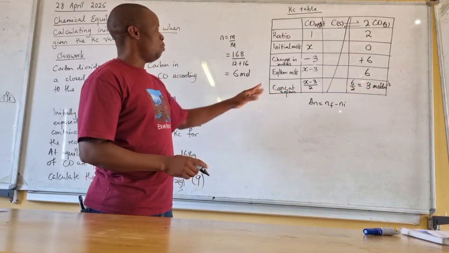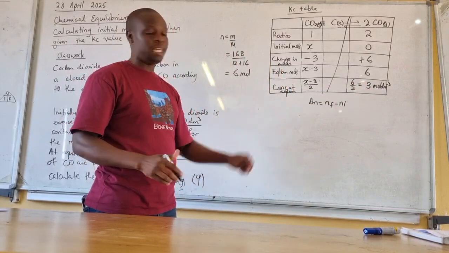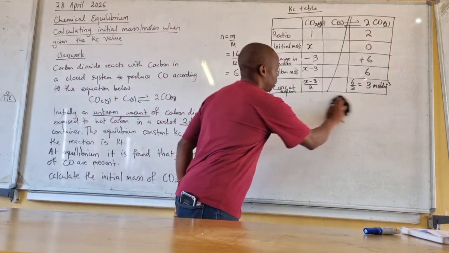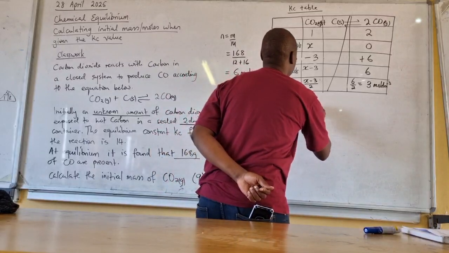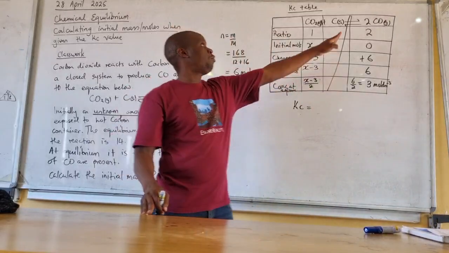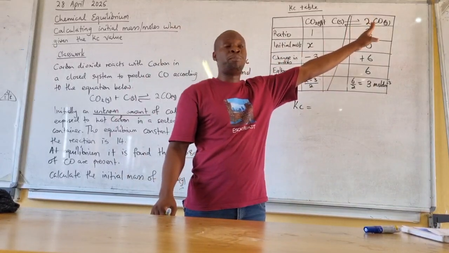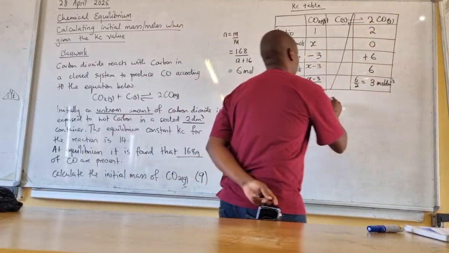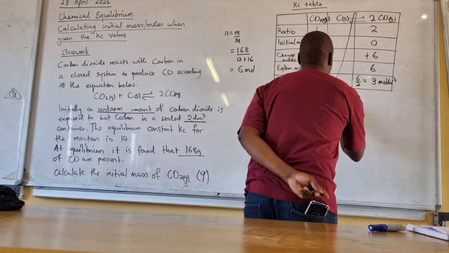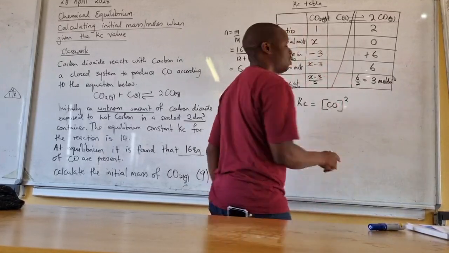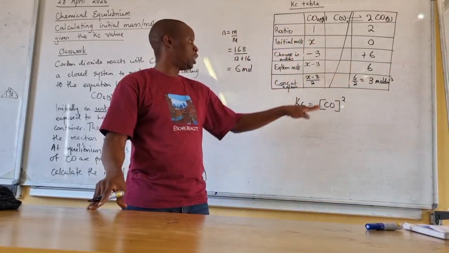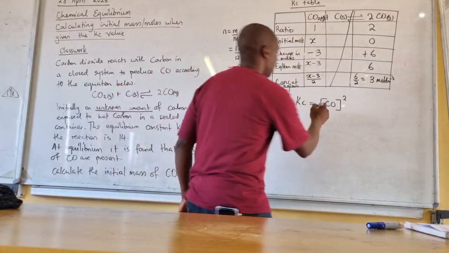From there, we now move on to the Kc expression. Let me just write this. Kc, concentration of the products. We have only one product, carbon monoxide. So CO in square brackets. The square brackets mean concentration in the context of chemistry.